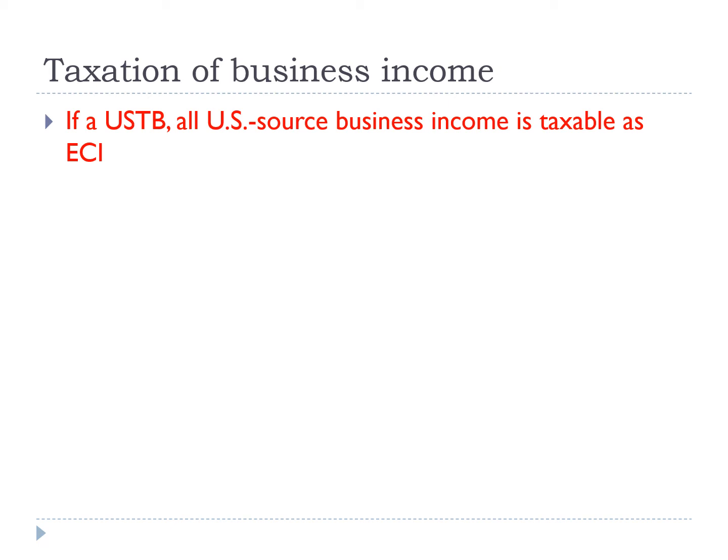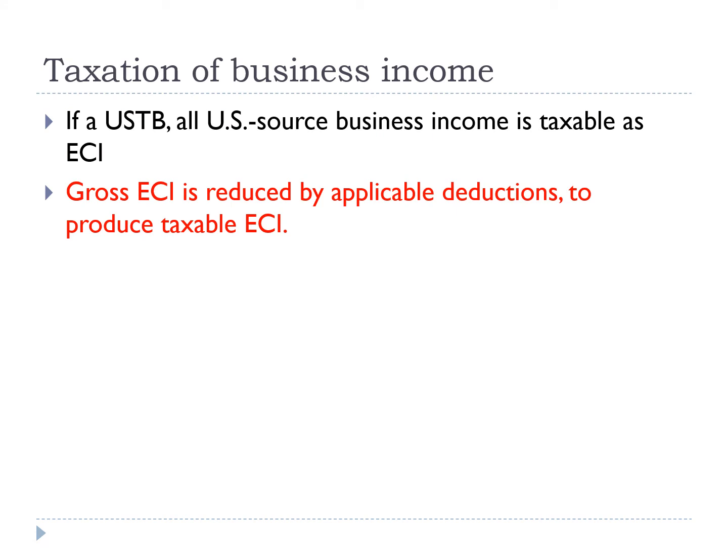We ordinarily refer to this income as effectively connected income, or ECI. Gross ECI is reduced by applicable deductions to produce taxable ECI. Taxable ECI is taxed at regular tax rates applicable to U.S. citizens, residents, and domestic corporations.